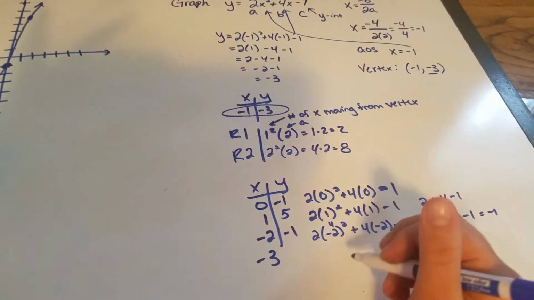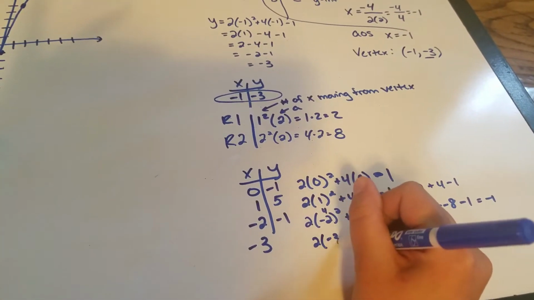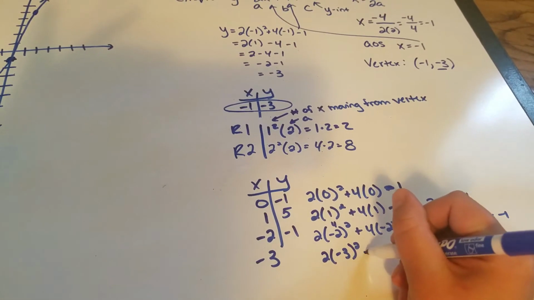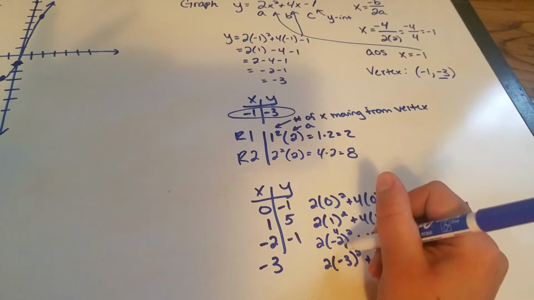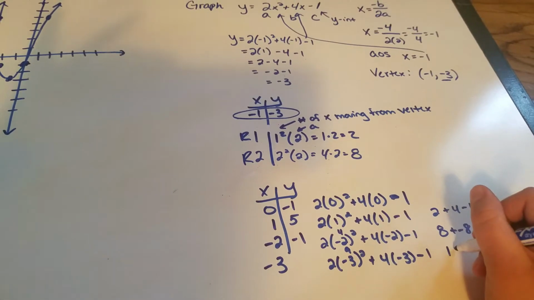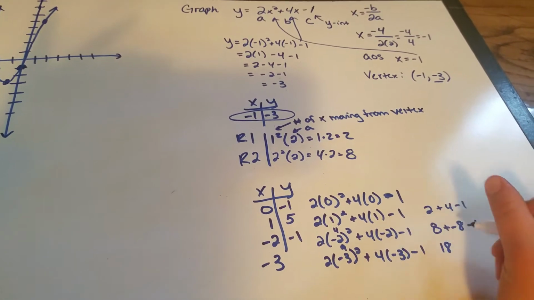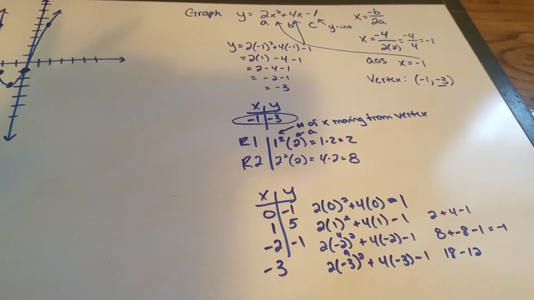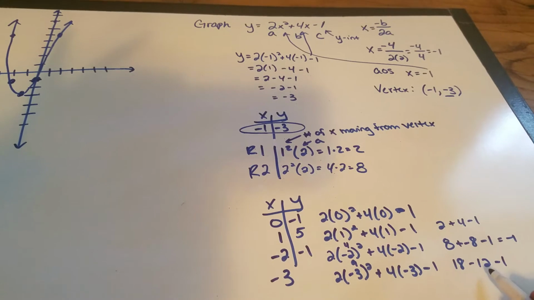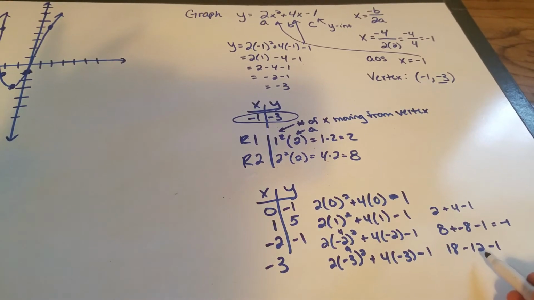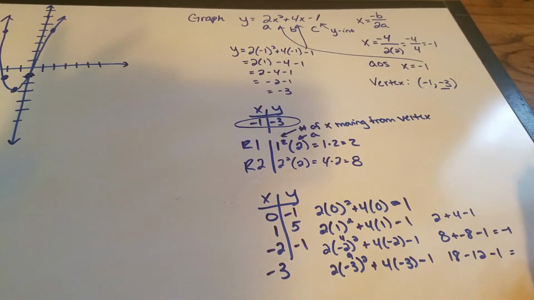And then plugging in our -3. So we'd have -3 squared times 2 plus 4 times -3 minus 1. -3 squared is 9. 9 times 2 is 18. 4 times -3 is -12. Minus 1, so we'd have 18 minus 12, which would give us 6.